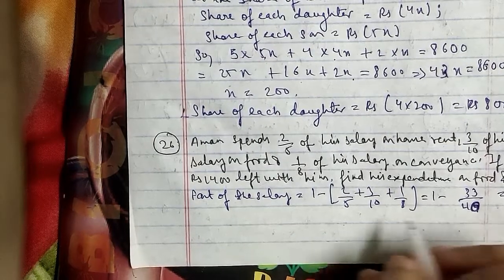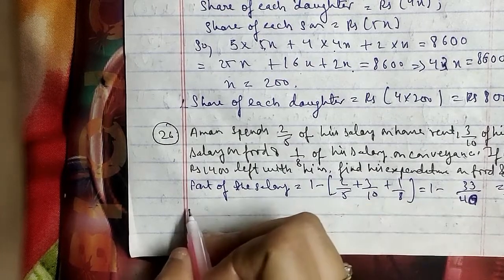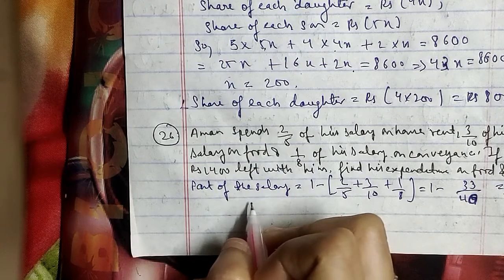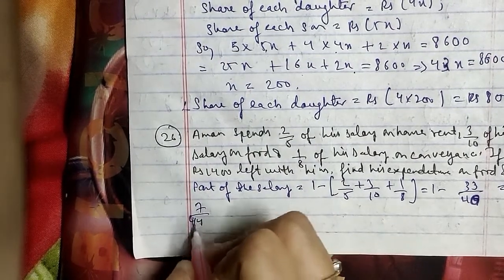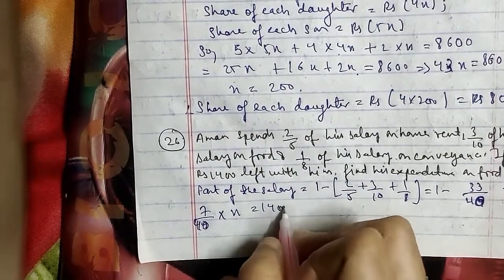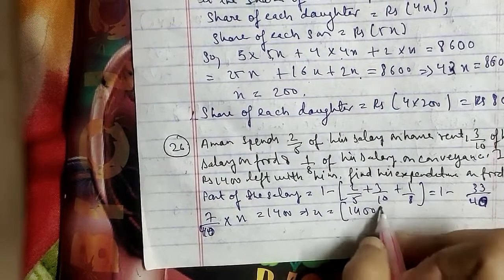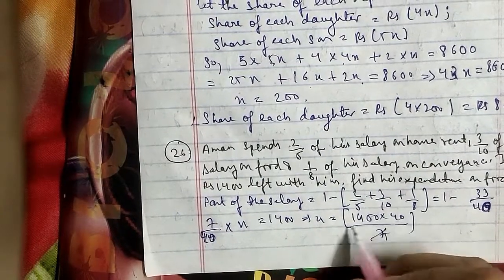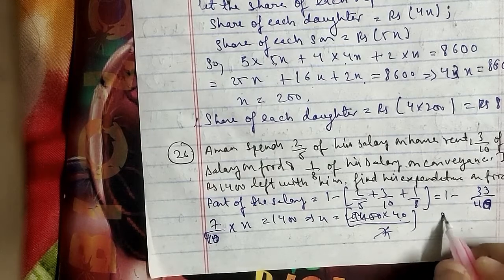Let the monthly salary be x. Then 7 upon 40 of x equals 1400, so x equals 1400 into 40 upon 7. 7 ones are 7, 7 twos are 14, that's 200, 2 fours are 8, and 8000 will be the right answer.